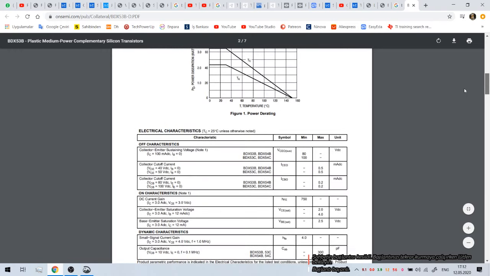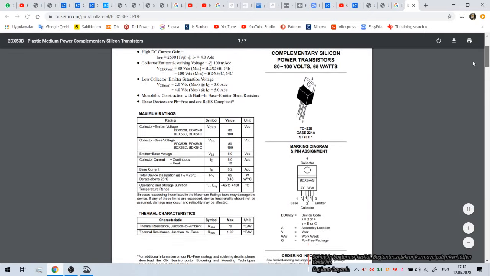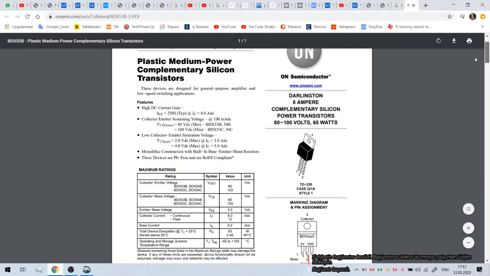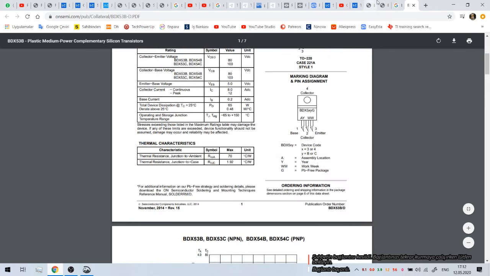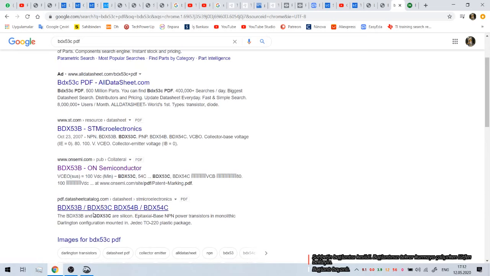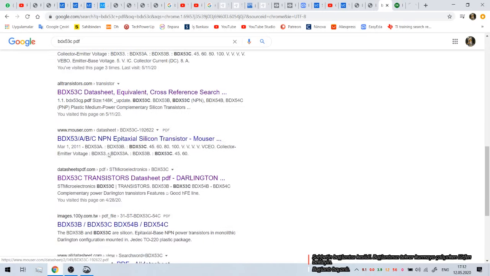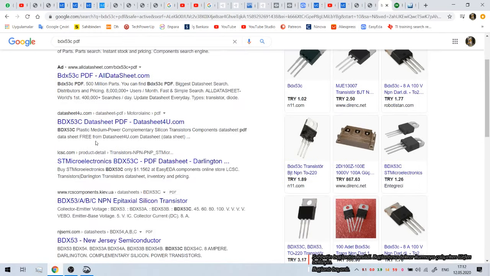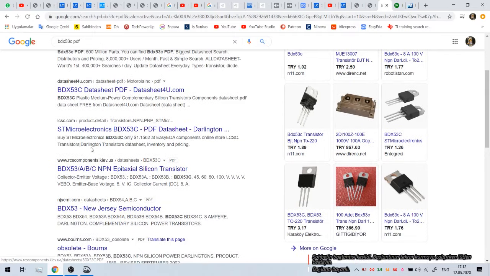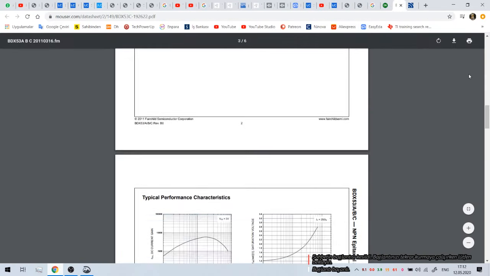I'm looking for this, VBE and IB, but I can't see. Maybe we can see on another manufacturer's, I hope a better datasheet.